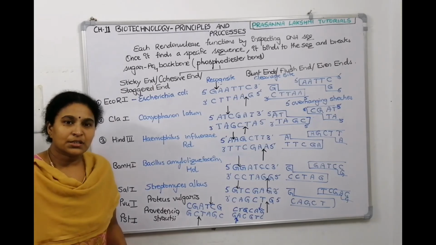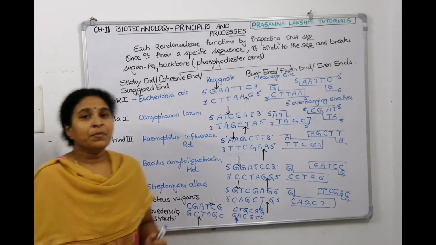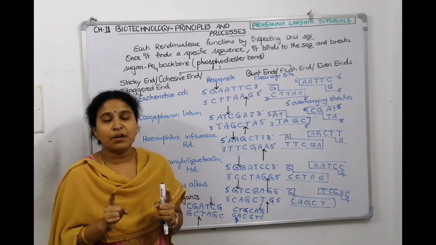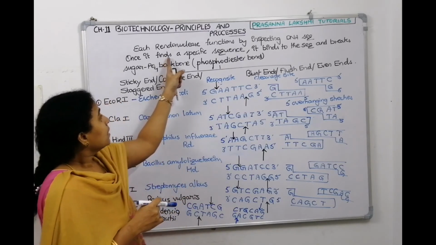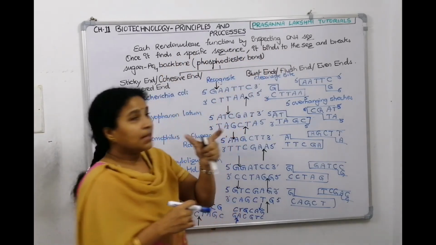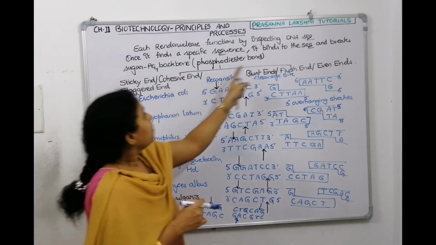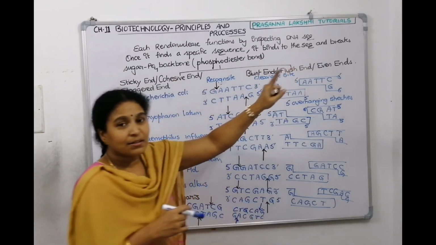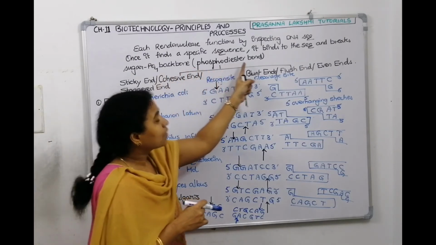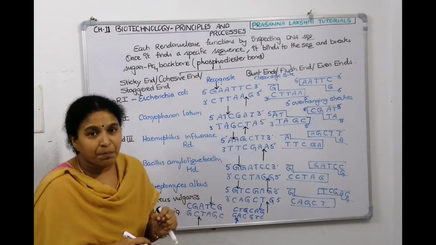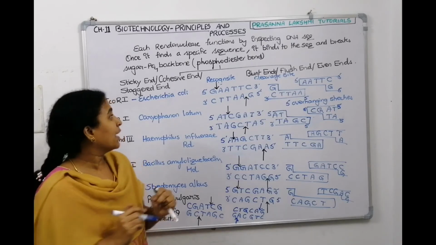Right? Took the screenshot. So what are we discussing? We are talking about endonucleases. We want type 2 restriction endonucleases. Type 2 restriction endonucleases inspect the DNA, identify a sequence, bind to the sequences and break the phosphodiester backbone. When they are breaking, they give 2 types of cuts.